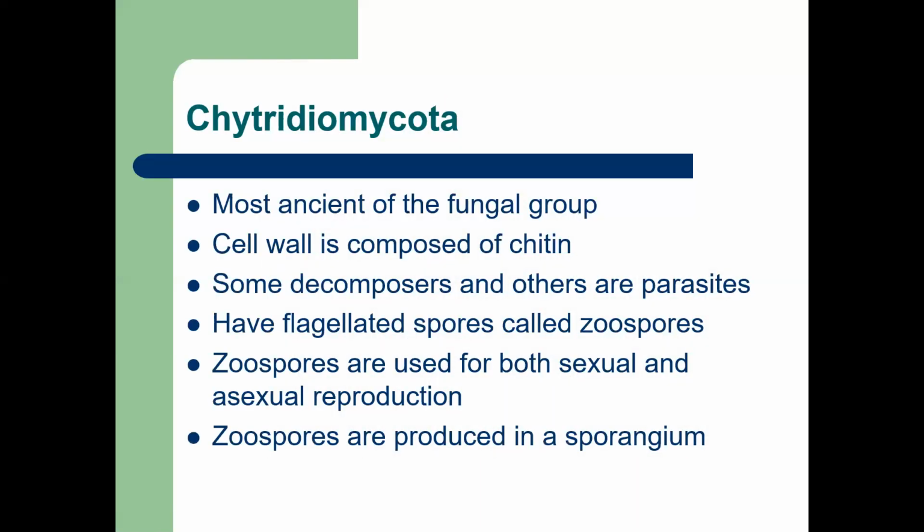So let me review that and see if I have given you what you need for your 4 columns on your study table. The phylum name is Chytridiomycota. The spore name is a zoospore.